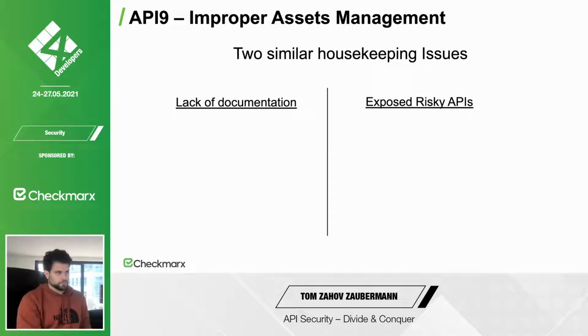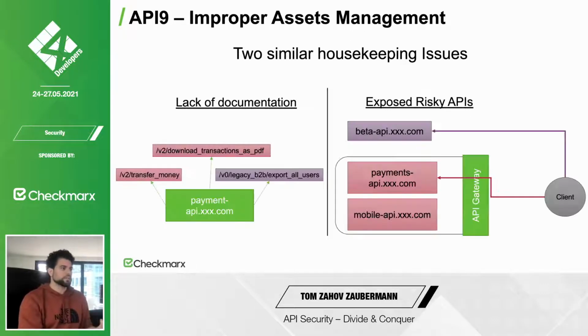Improper asset management. We have two similar housekeeping issues. The first thing is lack of documentation. You remember we spoke about asset management right at the beginning. We have a very old API function or method that someone forgot to delete, for example things like download transactions as PDF or transfer money or export all users, legacy stuff, things we forgot.